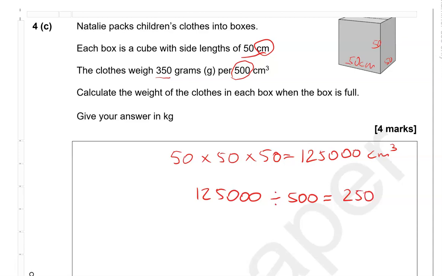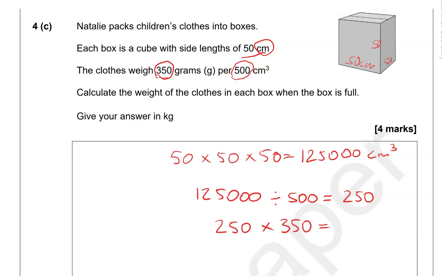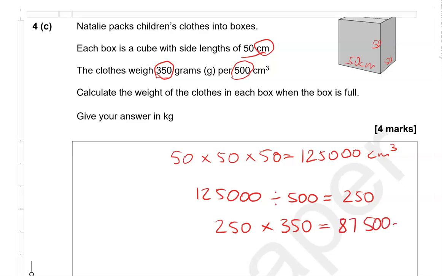So 250 lots of 500 cubic centimeters. So now 250 times 350 grams gives us 87,500 grams.